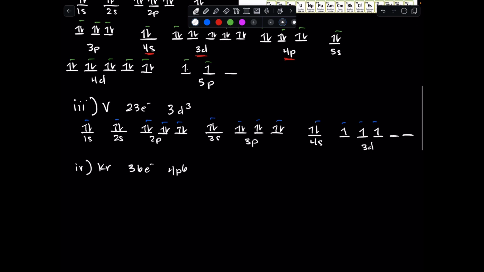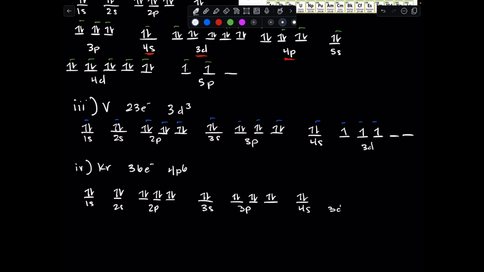So let's go through, let's plug them in. So we have our 1S, we have our 2S, our 2P, we have our 3S, we have our 3P, 1, 2, 3. We have our 4S, which is just 2 electrons.